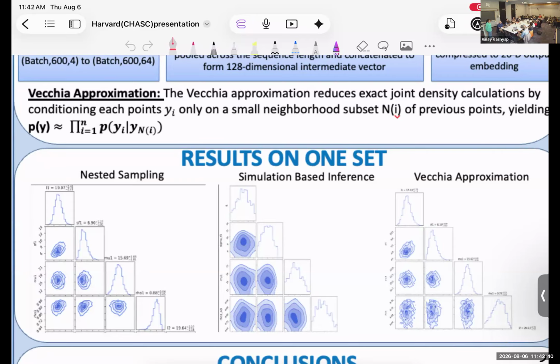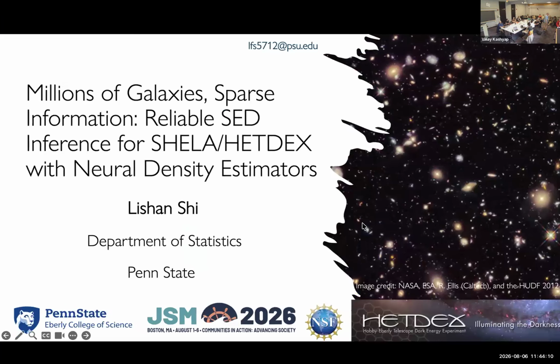Should we move on to Lishan? Thank you so much for your feedback. Millions of galaxies. I'm sure.